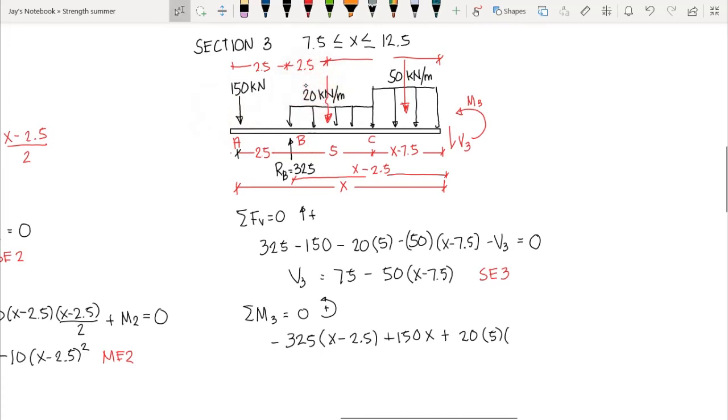So therefore, the distance from 3 to the resultant is x minus 5, correct? So that is x minus 5.